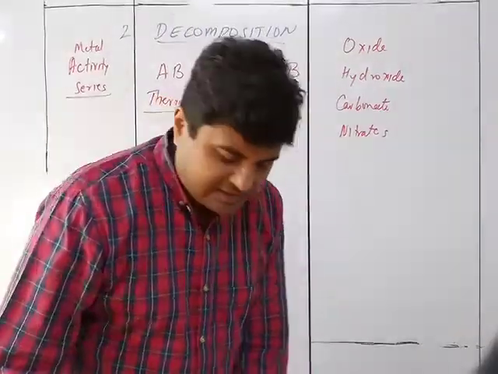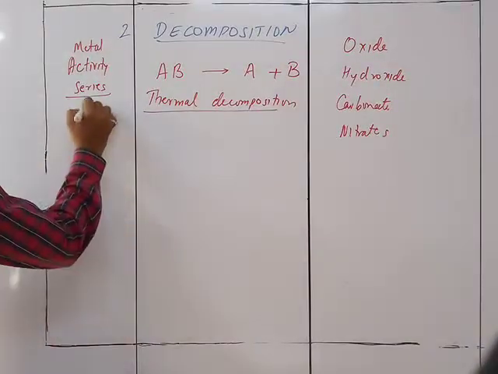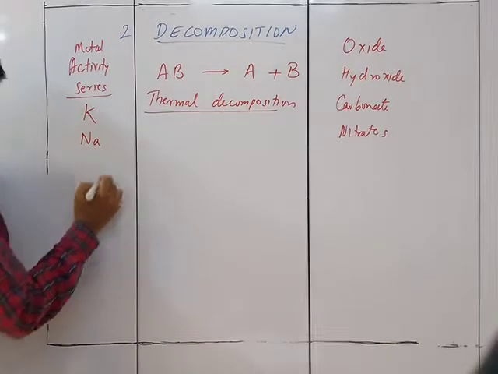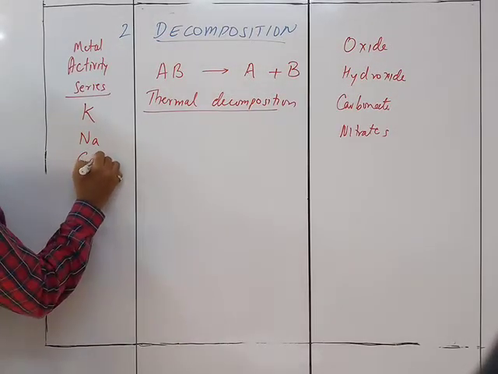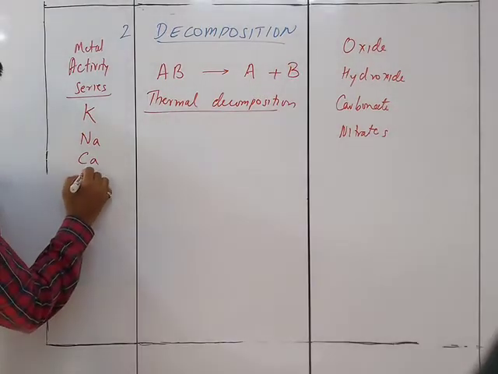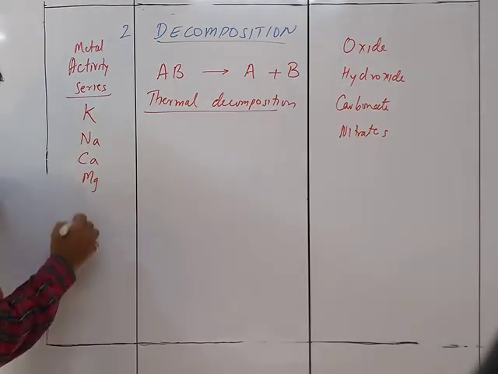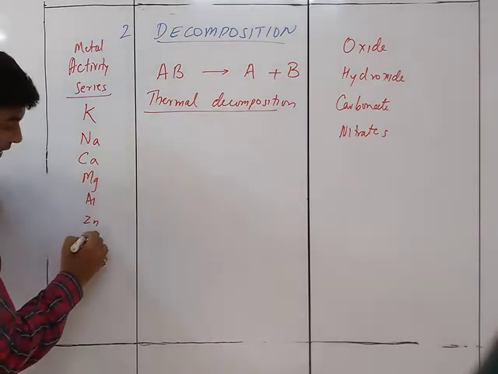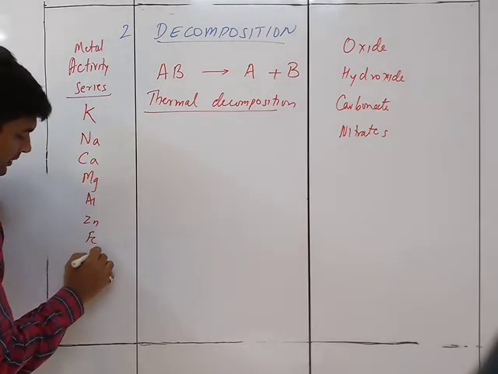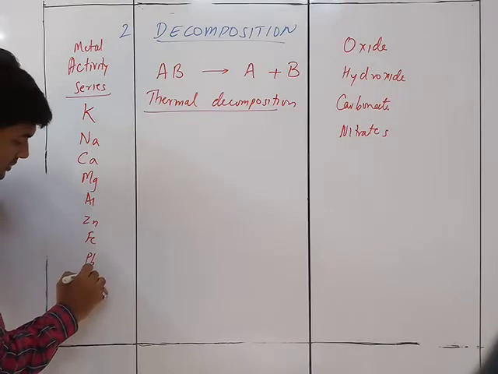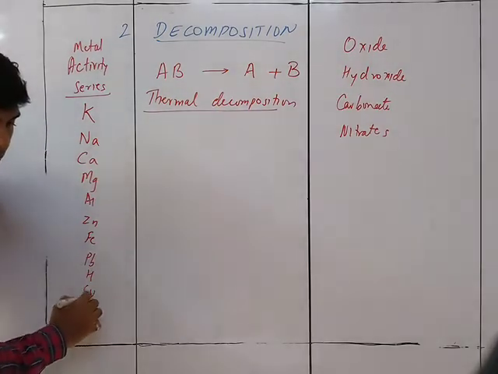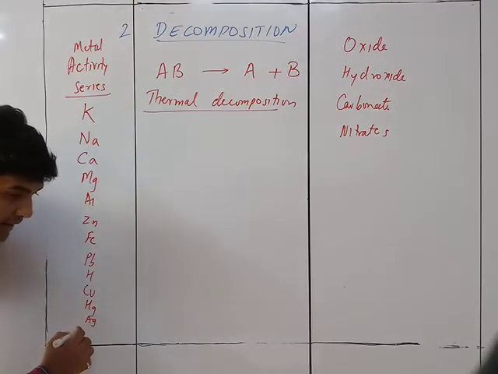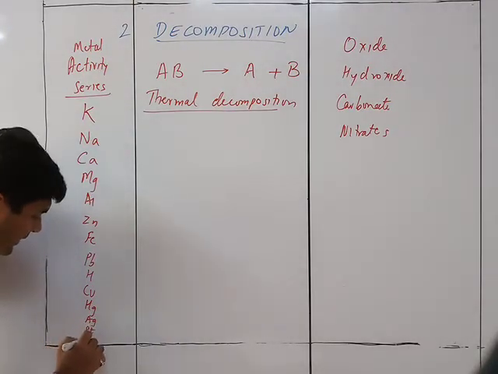So the list of these elements is this way. The first one is K, that is potassium. The next is sodium, Na, then calcium, then magnesium, then Al, Zn, then Fe, Pb, then H, then Cu, then Ag, Hg, and Pt, and Au.